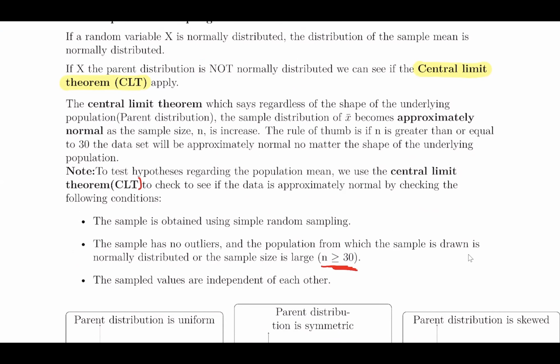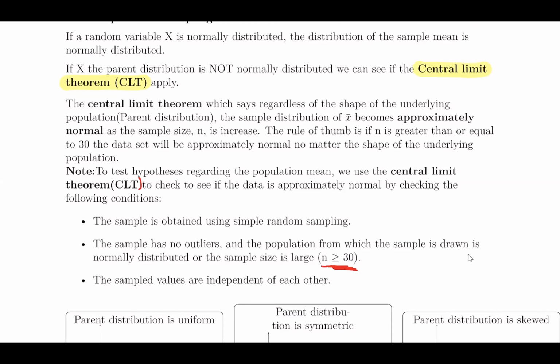So if my sample size is 30 or bigger, I could say our data set is approximately normal. If n is less than 30, I cannot say that the data set will be normal. It has to be, n has to be greater than or equal to 30. If it is, we say it'll be approximately normal.